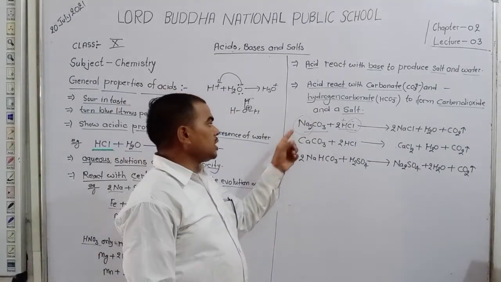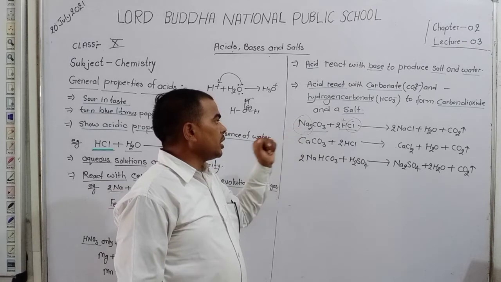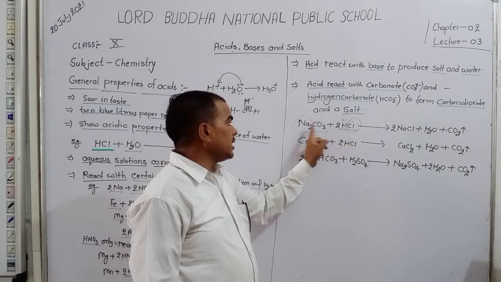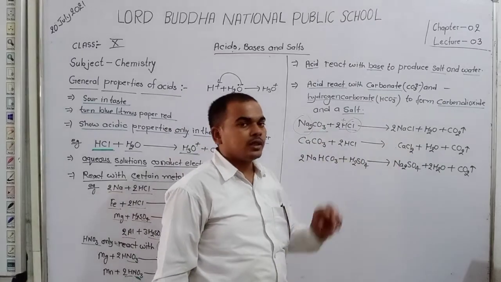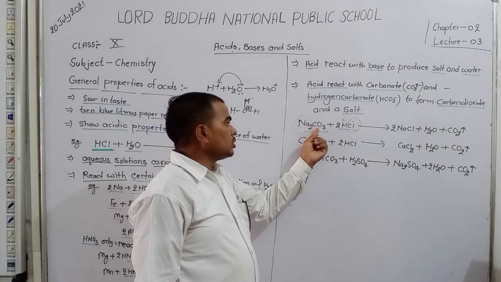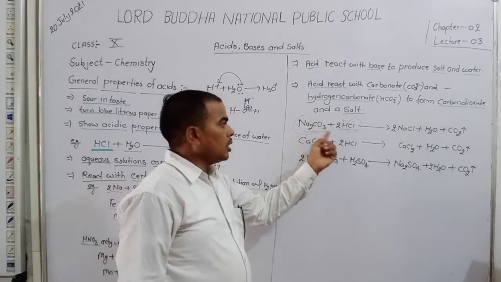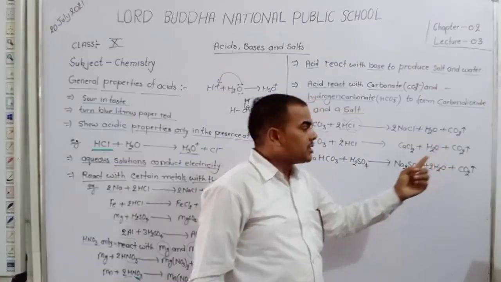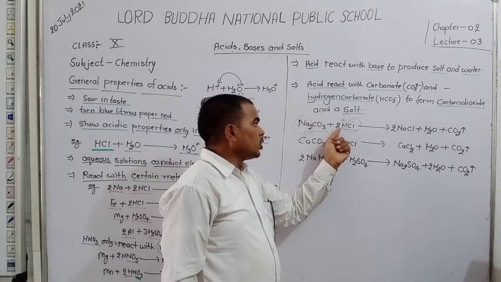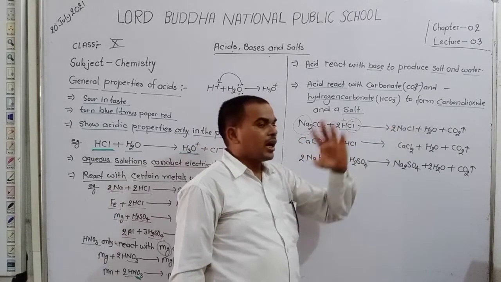Here the metal of carbonate is sodium, and sodium and chlorine join each other. So here 2 chlorines, 2 sodium, so make 2 NaCl. And from CO3 it produces CO2 gas, and here 1 oxygen remaining, and 2 hydrogen and 1 oxygen make H2O.